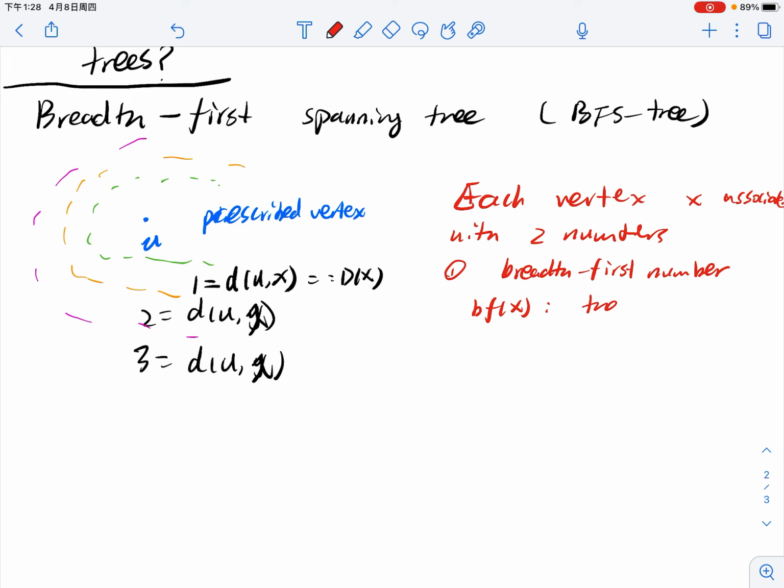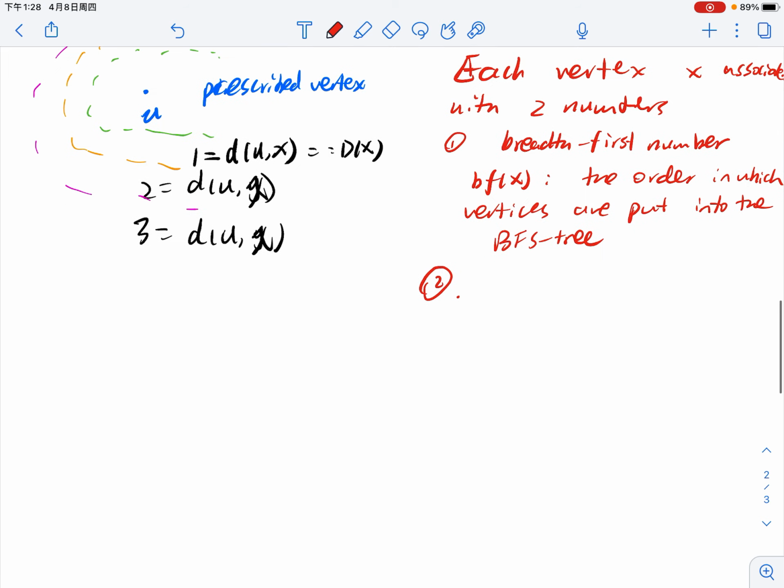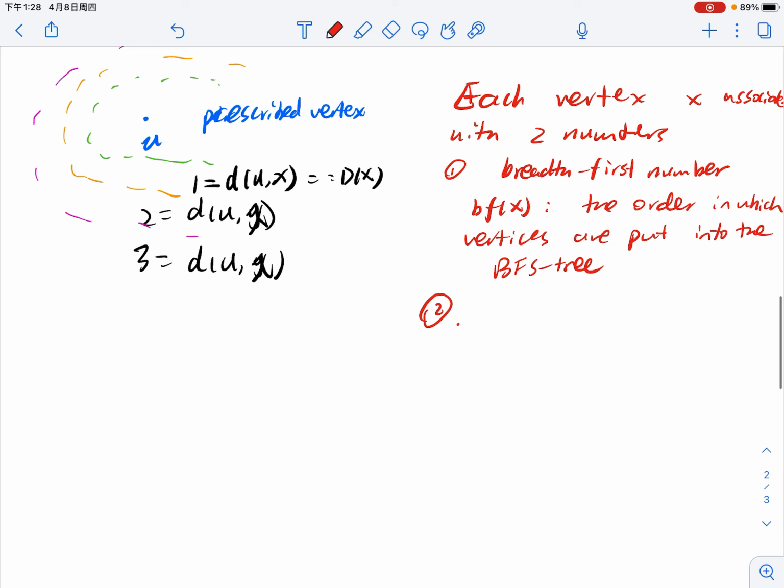This is the order in which vertices are put into the BFS tree, and it is used to describe the history of the vertex in the growing process for the spanning tree.